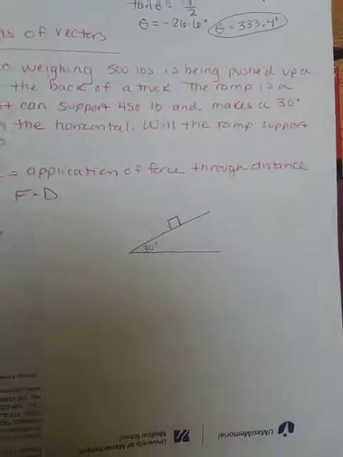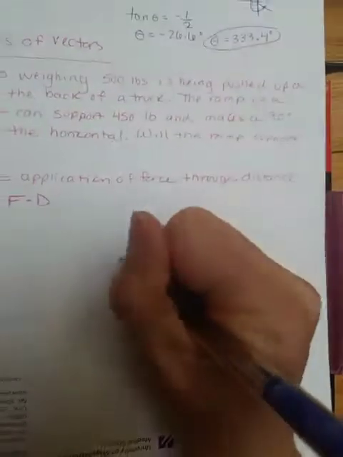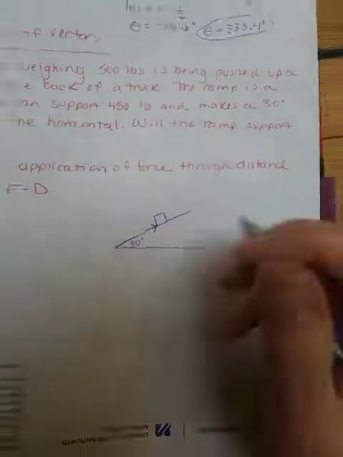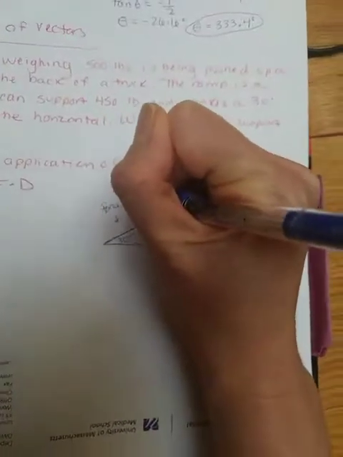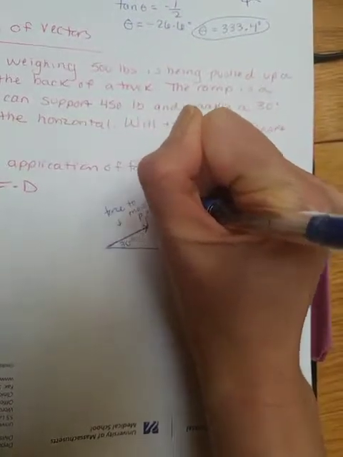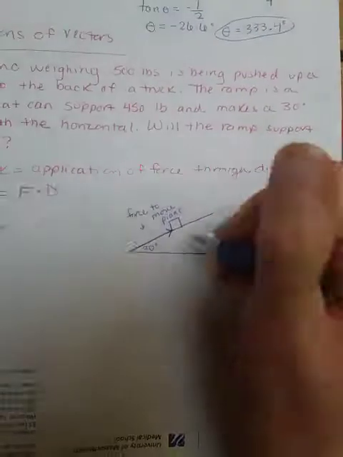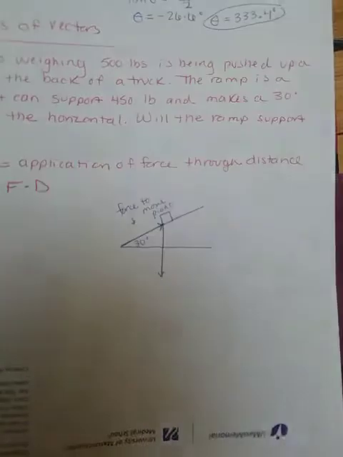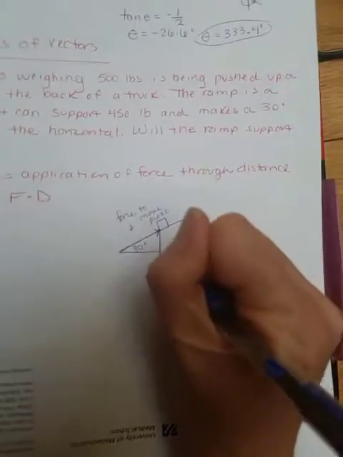All right, so things that we need to think about when we're pushing something, right? Because you're pushing this piano up the ramp. So that right there, that's the force to move the piano up the ramp. This piano also has what we call the force due to gravity, which is the weight.